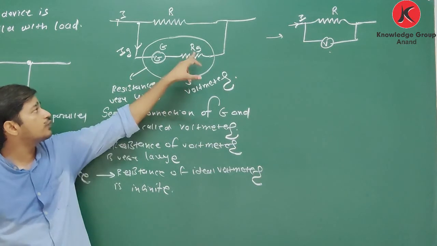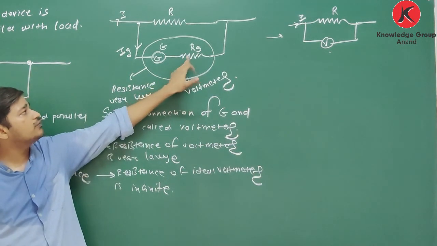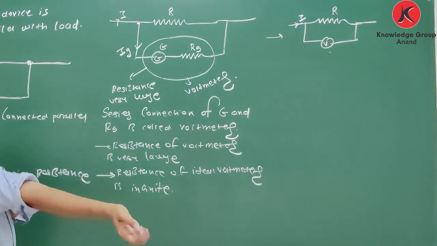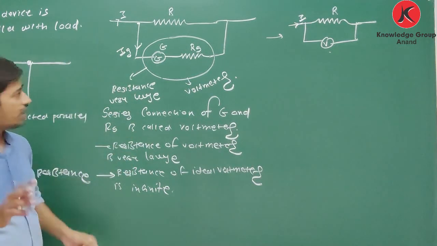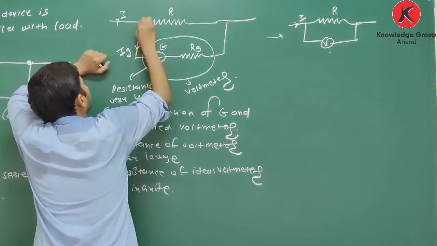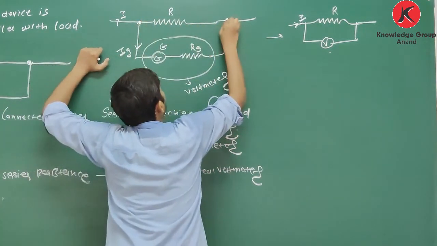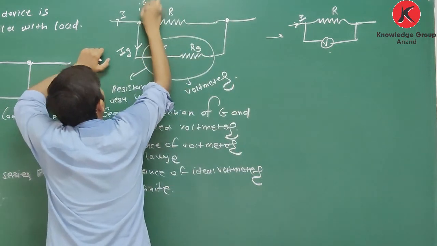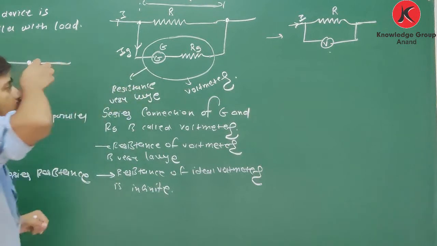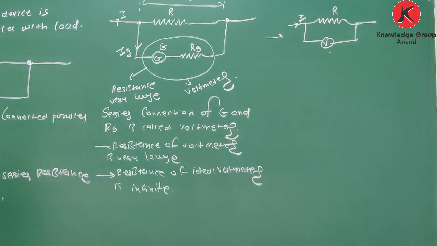Now again, how to find the value of this Rs? Then how to find it? See, from this figure, what we have to find? We have to find the potential difference between these two ends. I am assuming the potential difference between these two ends of the resistor is V. Yes or no?